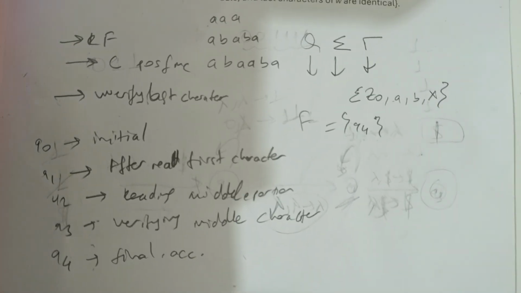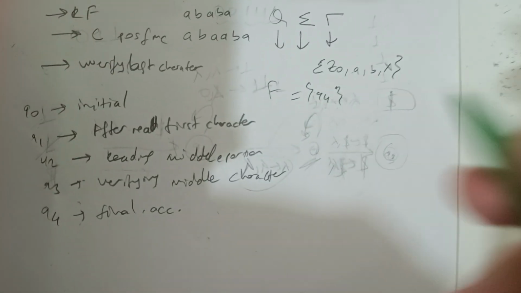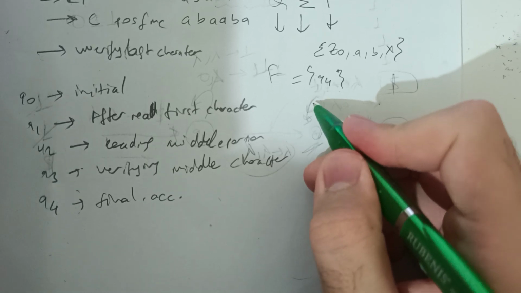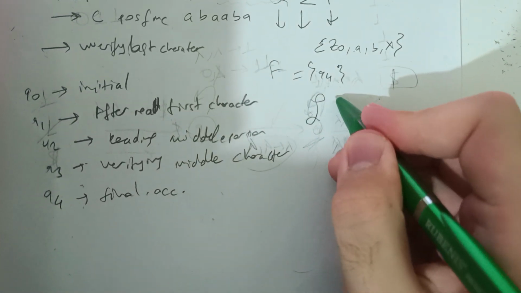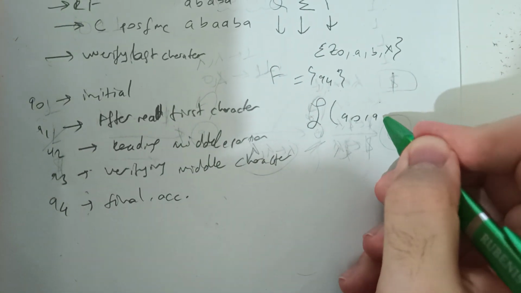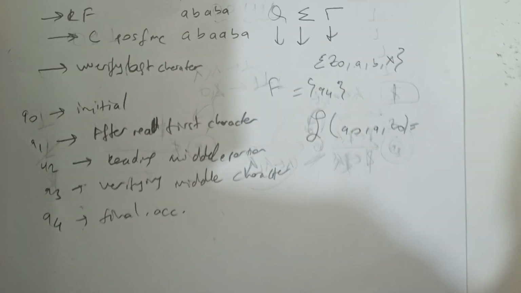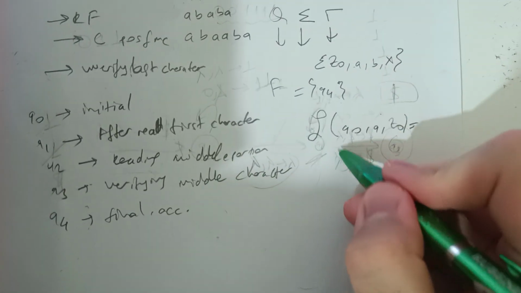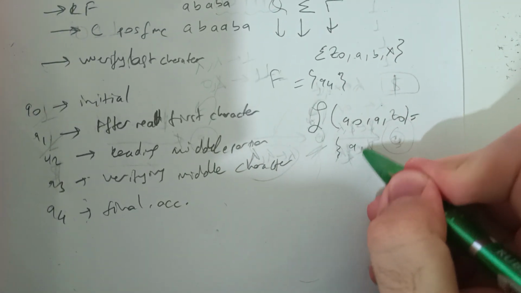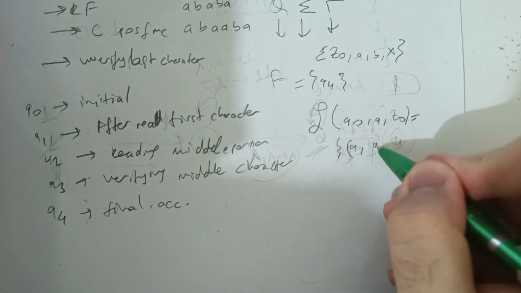Let's do our transitions. Read and store the first character. Q0, Z0 goes to Q1, AX.